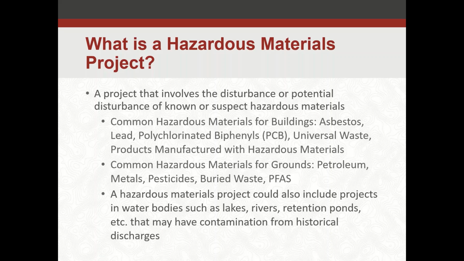A lot of times in buildings, we're looking at asbestos containing materials, lead containing paint, polychlorinated biphenyls (PCBs) in caulk materials, and then some other building components, universal waste products like your fluorescent lamps, batteries, and pesticides that would go out under a universal waste rule for management and disposal. And then other products that you might have, the conventional hazardous materials containing items, where you would follow the RCRA requirements for management and disposal.